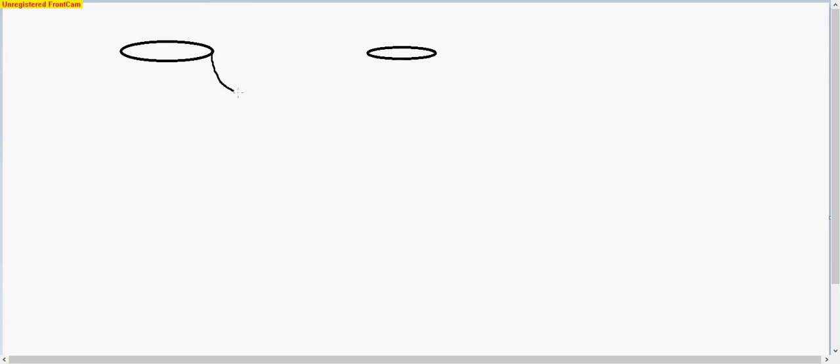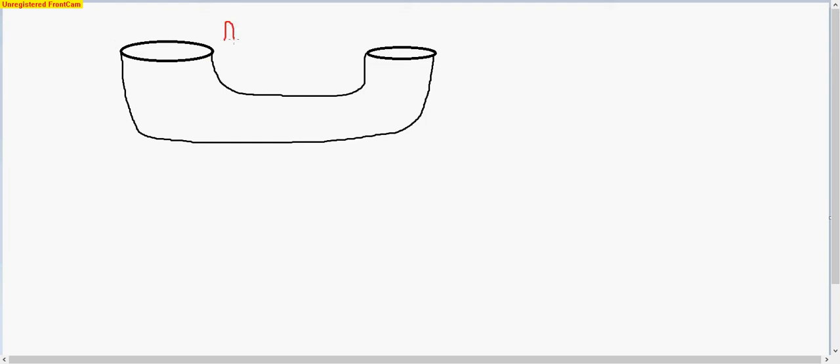So this is a container. Consider this as a container, and the area of this circular portion over here, we'll assume it as A1, and the area of the circular end as A2.